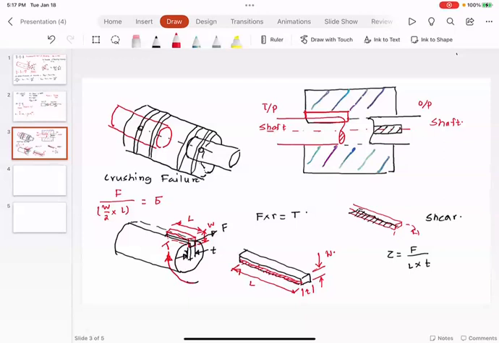Now that brings me to the important question. If I were to follow the procedure, and this is important, did you do shaft design in mechanics of materials and engineering design? If you follow the procedure that you discussed in mechanics of materials, or that you did in engineering design, what are we missing?